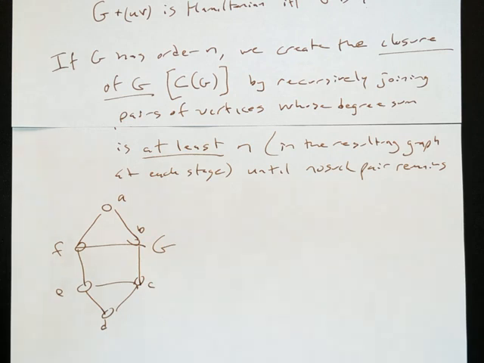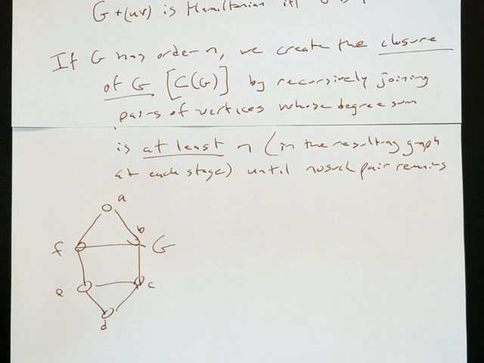How many pairs of non-adjacent vertices do I have? I got a lot, right? A is not adjacent to C, D, or E. B is not adjacent to D or E. C to A or F, and symmetrically around D, E, and F.